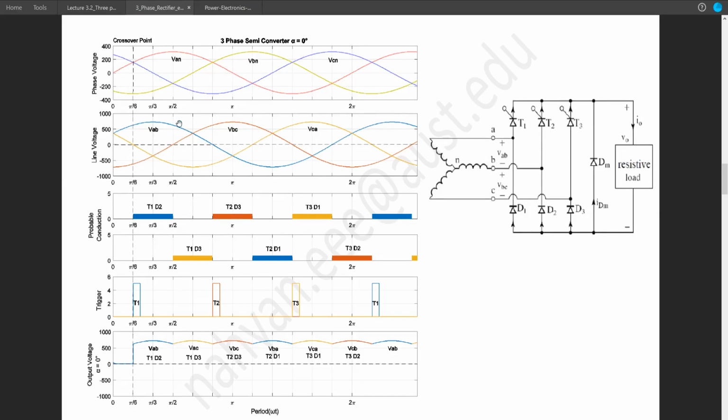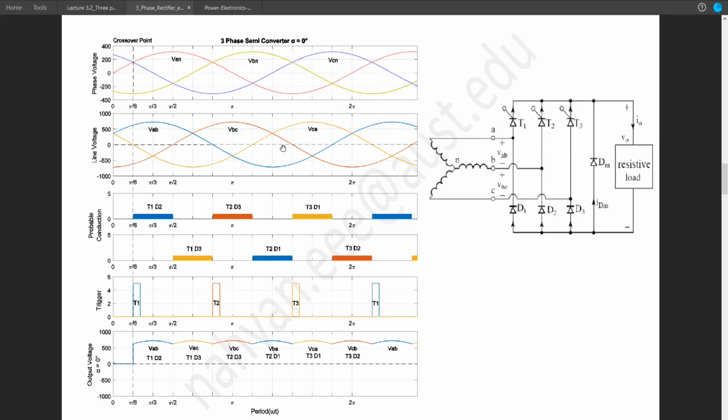So in case of an ABC sequence star connected system, the VAB will start 30 degrees before VAN. So after VAB, VBC will start and the gap will be 120 degrees or 4 blocks.